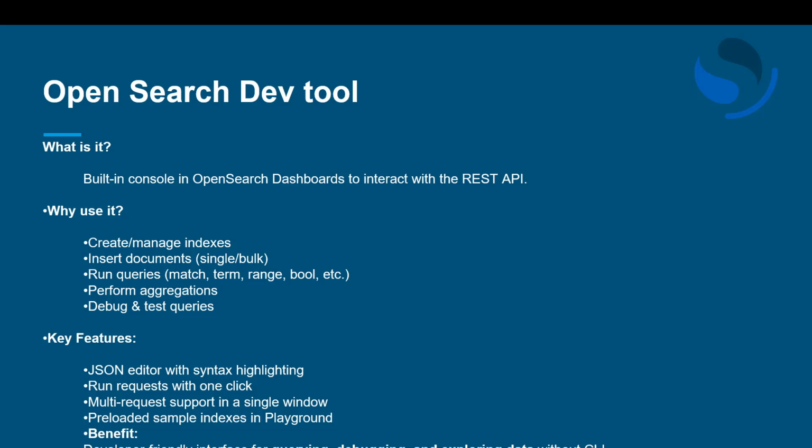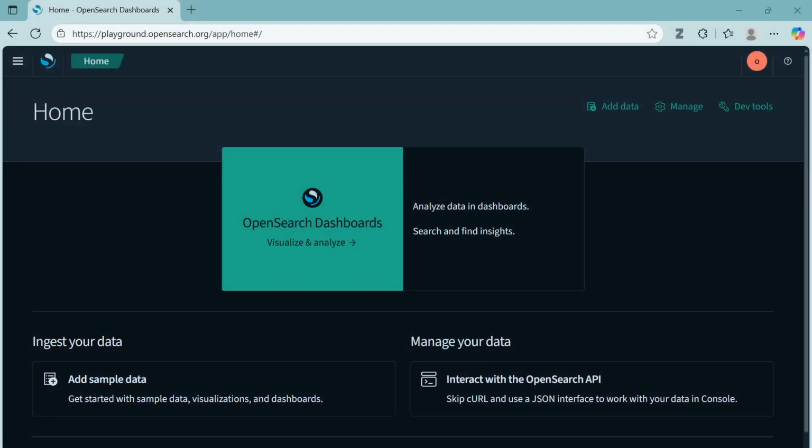Before I proceed, I would like to go to another URL to show you the playground. So this is how the playground is. This is the URL, playground.opensearch. This is the home page of OpenSearch, how it looks. Specifically, today I'm talking about the Dev Tools.